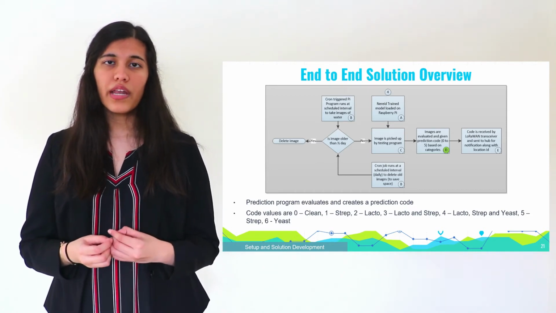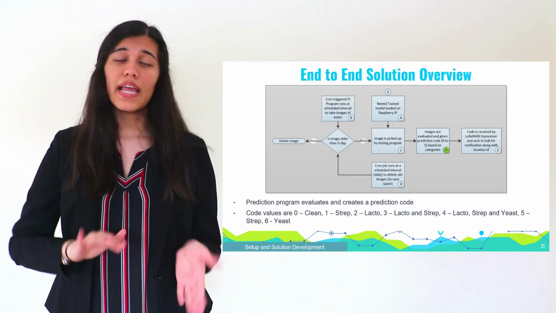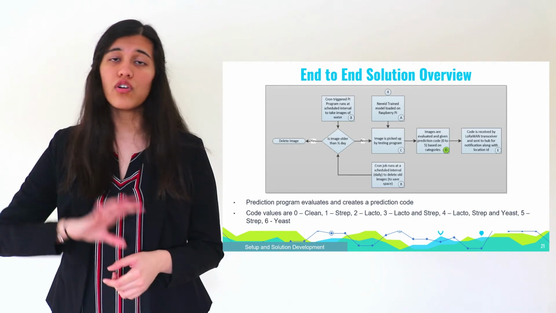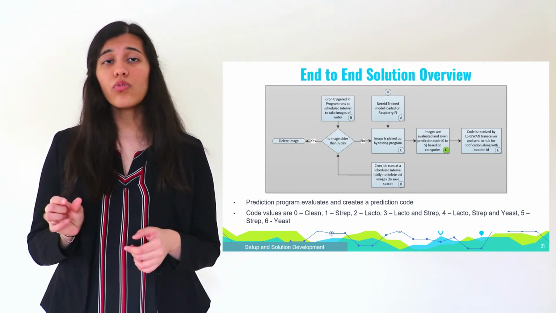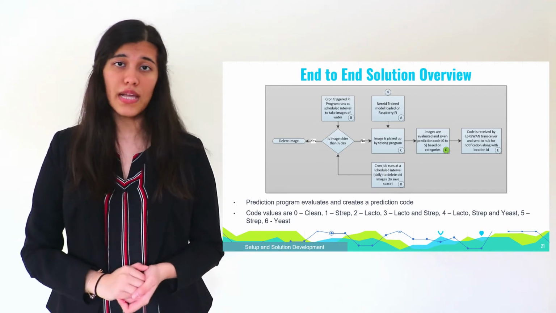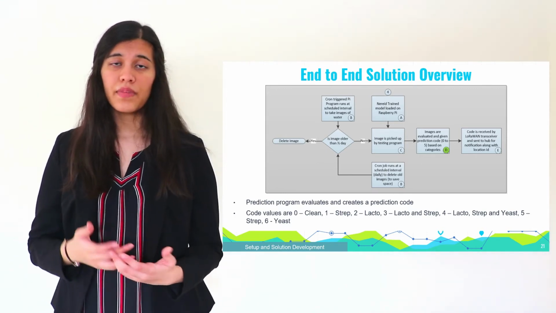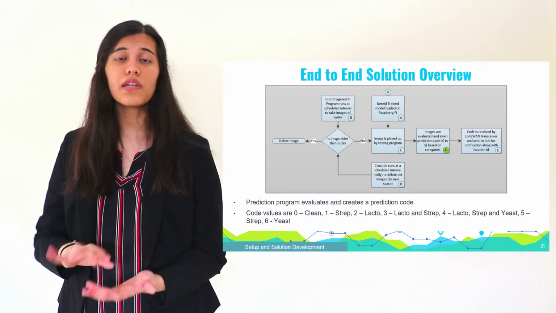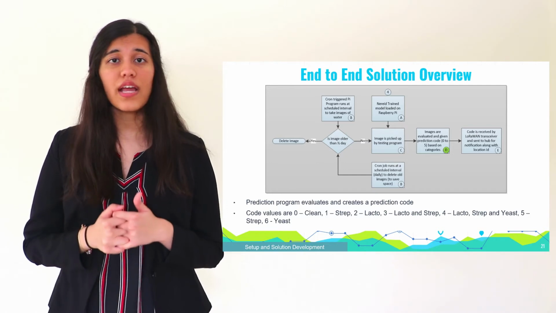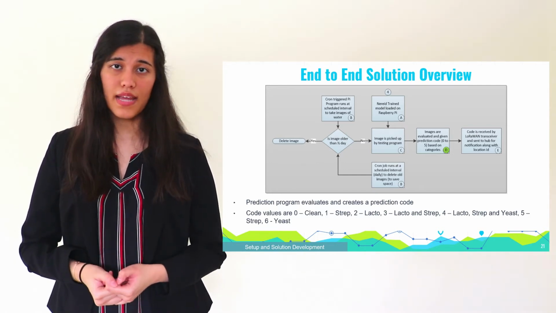This code was created to reduce the amount of data that would need to be transferred in the transmission system. Because, like I said, LoRa can transmit over long distances, but it can only do so in small amounts of data. So if I said the number 2, for example, that would indicate that there was lactobacillus contamination present, and that code being transmitted would be all that was necessary to identify the contamination and to tell the water plant and local authorities what next steps need to be taken.